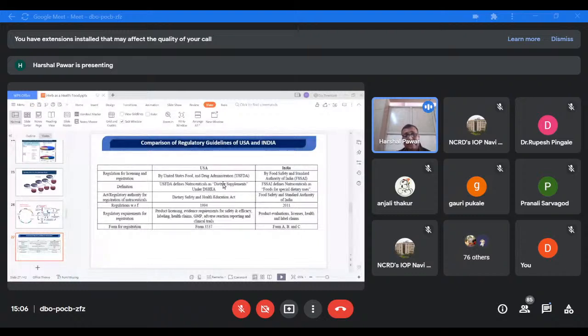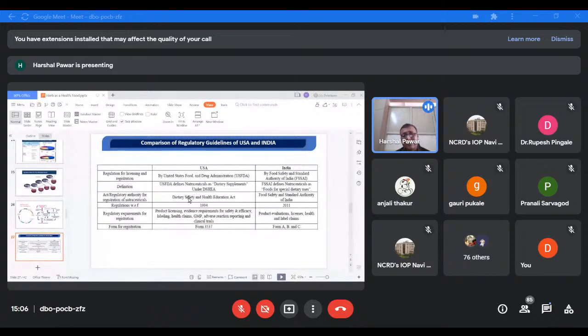Here, nutraceuticals are defined under the category of dietary supplements, right? Here in India, nutraceuticals are covered under the category of foods for special dietary uses, right? The act which governs the nutraceutical or food product in the US is the Dietary Supplement Health and Education Act. In India, we have the Food Safety and Standards Authority of India, so the Food Safety and Standards Act is there, and this act is followed.